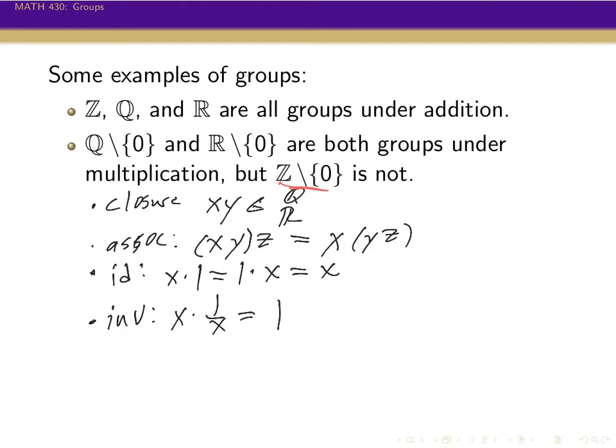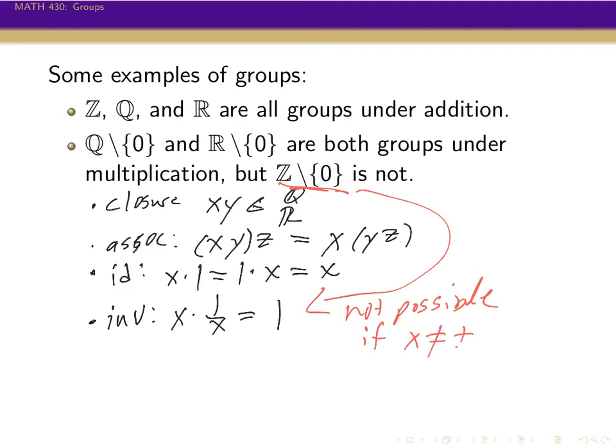Well, for the integers, this is not possible. The inverse is not possible multiplicatively if x is not equal to plus or minus 1, because 1 over x is not going to be an integer. And so that's why the integers fail there. It has the other 3 properties, but not the last one.